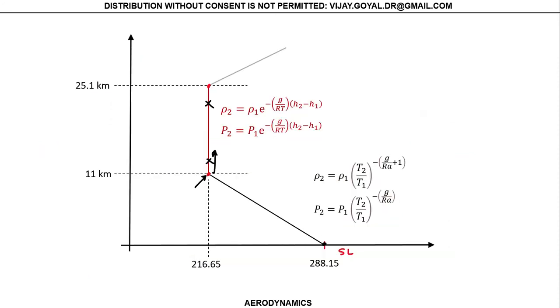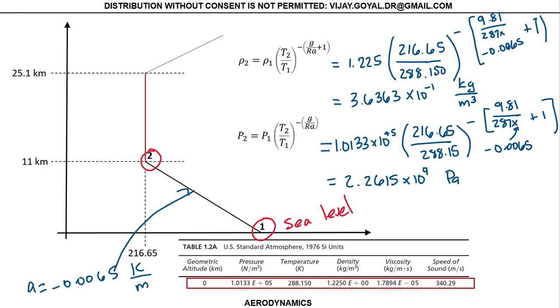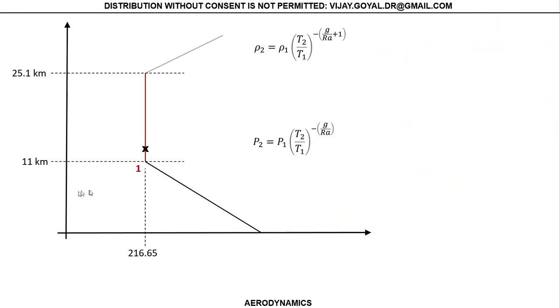Okay, so with that said and done, we know the input values, those become my temperature 1, temperature 2, and my rho 1 and rho 2. Given that, now I want to find what happens here.